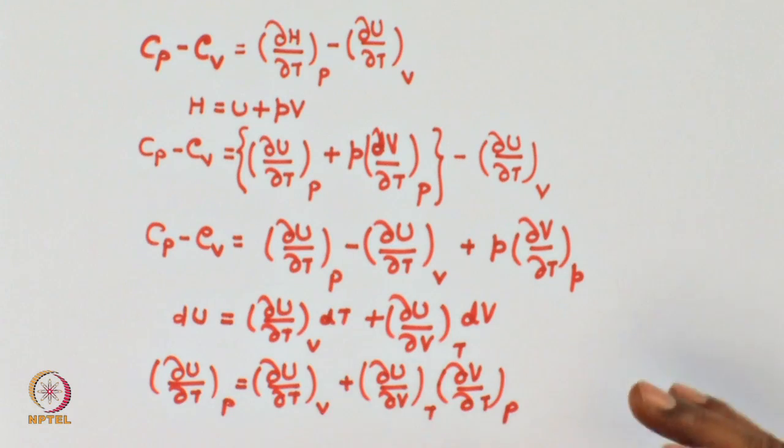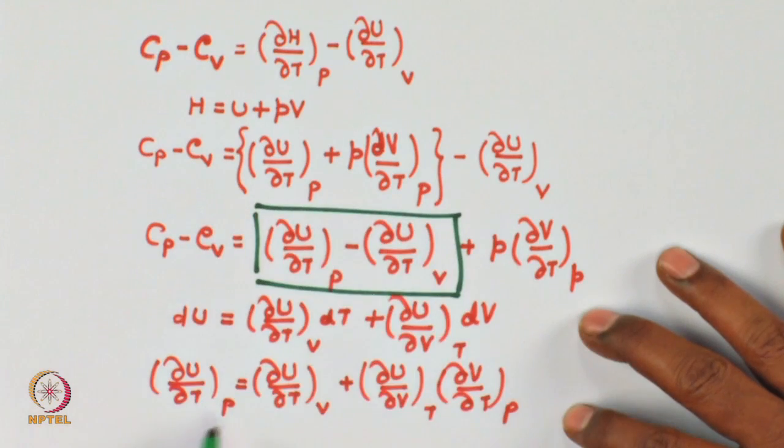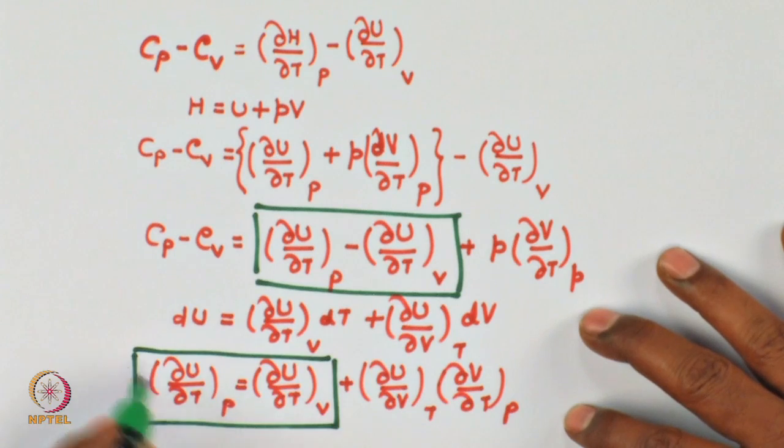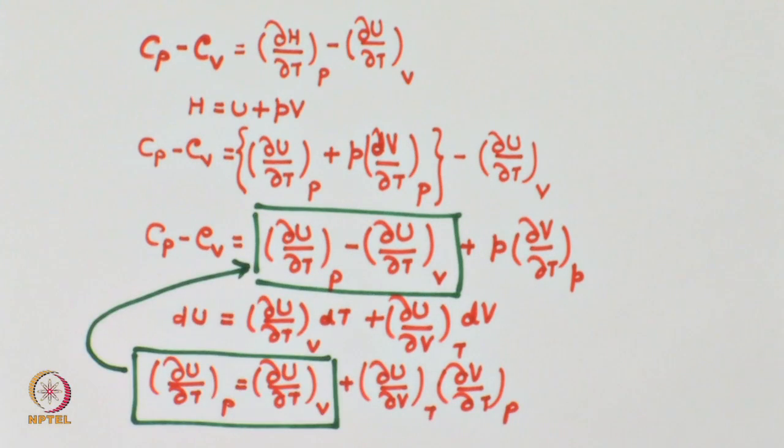The reason why I have done this is because I am interested in a substitution for this, which I can get from this. I can substitute over here. So, I will use this in the next slide.